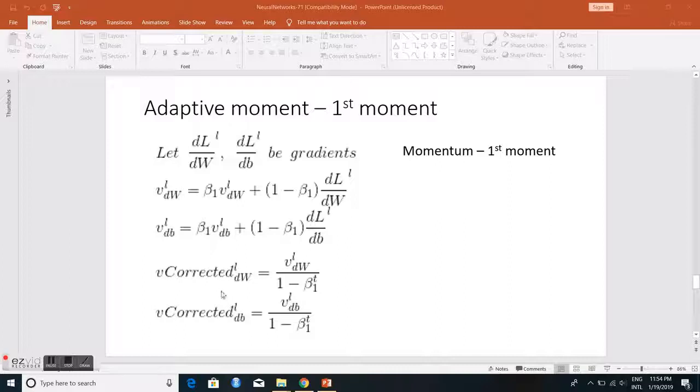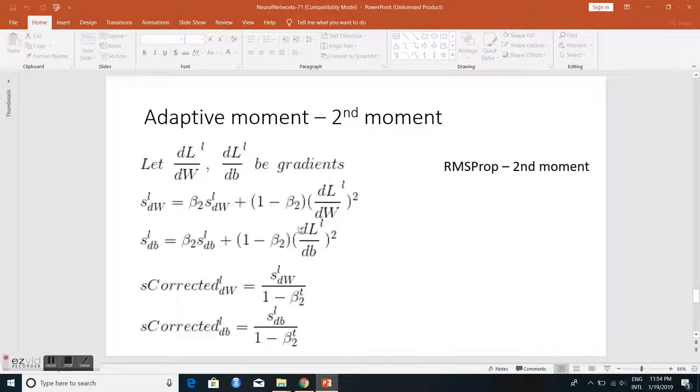V_dW is equal to beta_1 V_dW plus 1 minus beta_1 the gradient dL/dW, and V_db is equal to beta_1 V_db plus 1 minus beta_1 dL/db for the layer L. And this is a bias correction: V corrected dW is equal to V_dW divided by 1 minus beta_1 to the power t, and V corrected db is equal to V_db divided by 1 minus beta_1 to the power t.